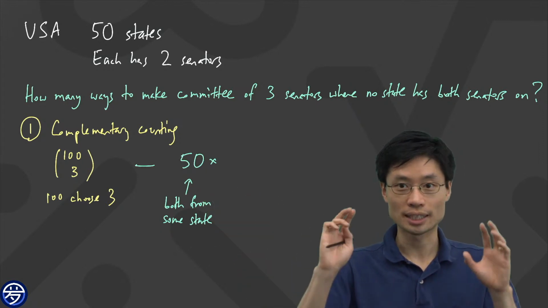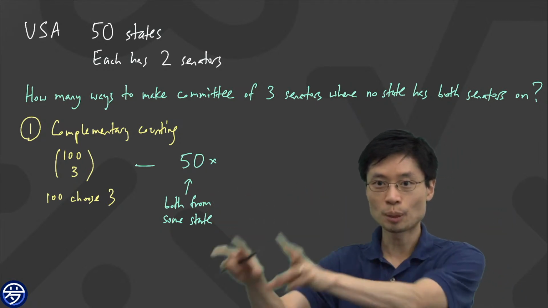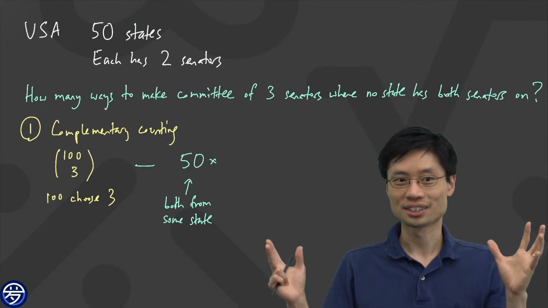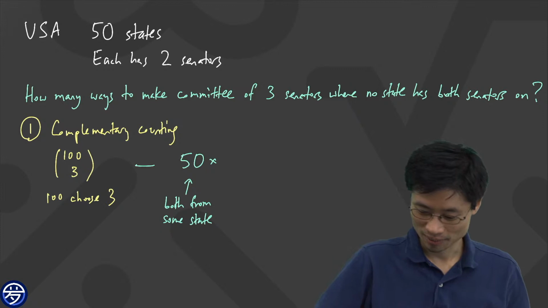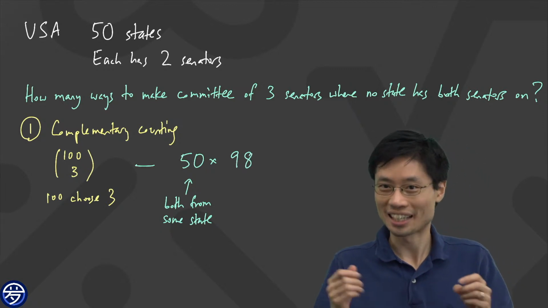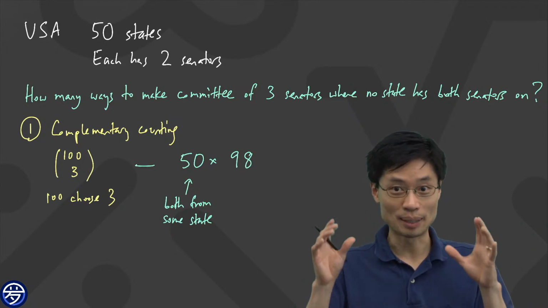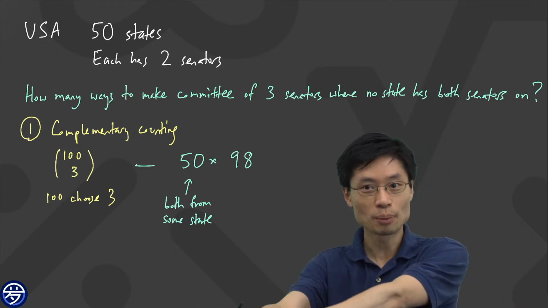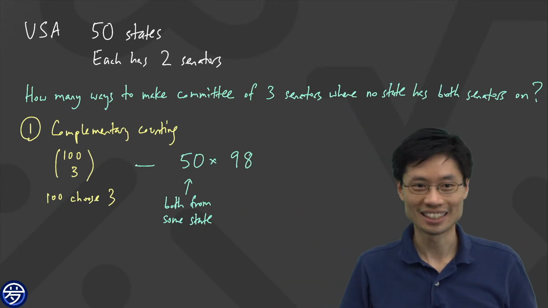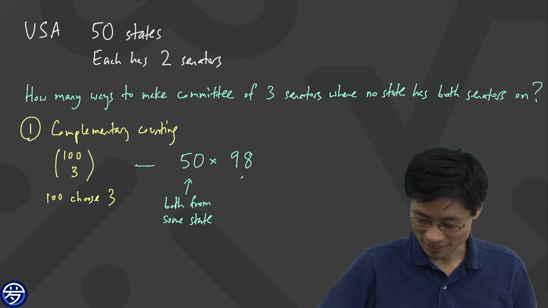How many ways can I make a bad committee? 2 people from Pennsylvania and anyone else. It's 98, because there are 98 other senators. The way I make a bad committee is 2 people from California and anyone else, so there's 98 for anyone else.